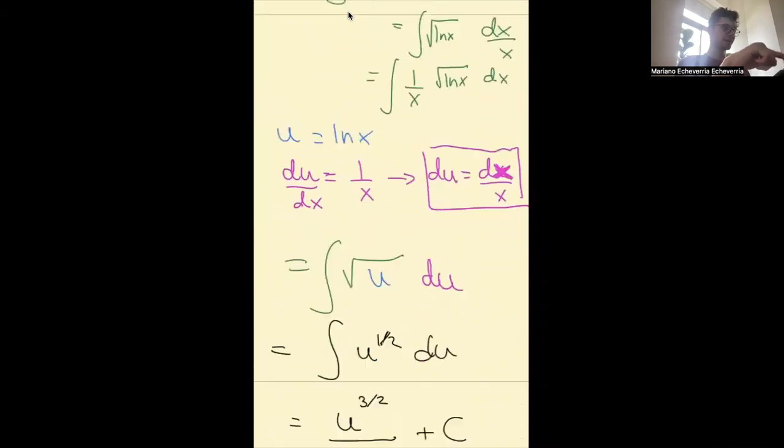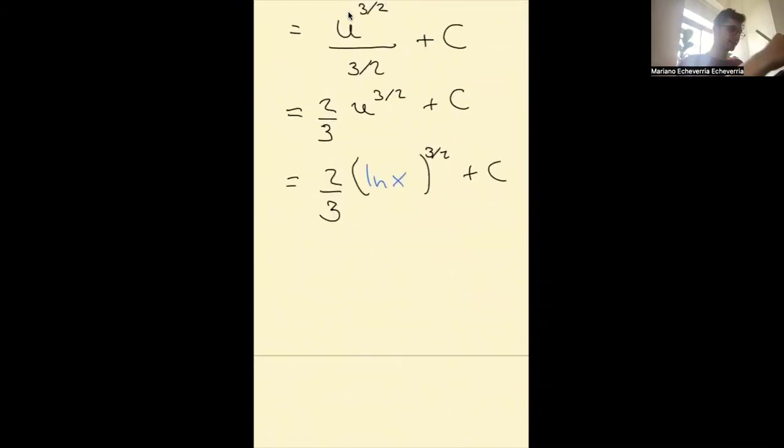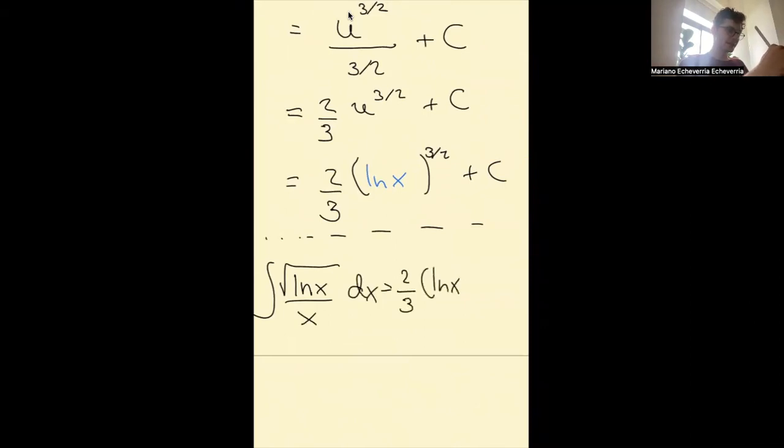So what this is saying is that the integral of the square root of ln of x dx is 2/3 ln of x to the 3/2 plus c, which again means that if you take the derivative of this quantity, you get that.